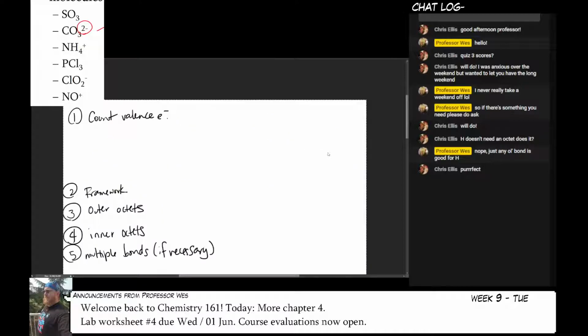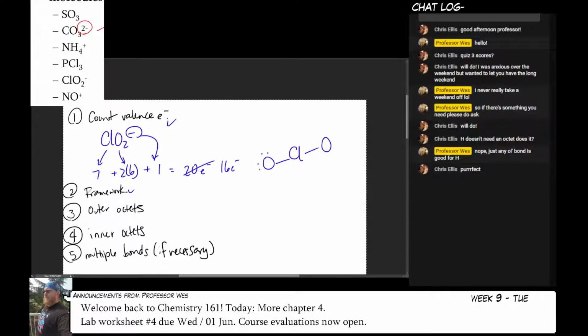All right. 2 more to do. So I have that many electrons for my chlorine and my oxygens. I'm going to add an extra electron from this minus. That gives me 20. I'm going to do my framework. Something like that. So 2, 4. And then I need to use my 16 electrons.